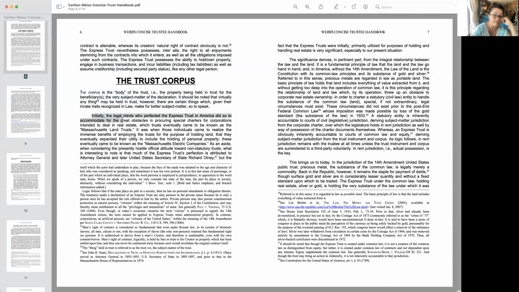Initially, the legal minds who perfected the express trust in America did so to accommodate for the great obstacles in procuring special charters for corporations intended to deal in real estate, which trusts eventually came to be known as the Massachusetts Land Trusts.